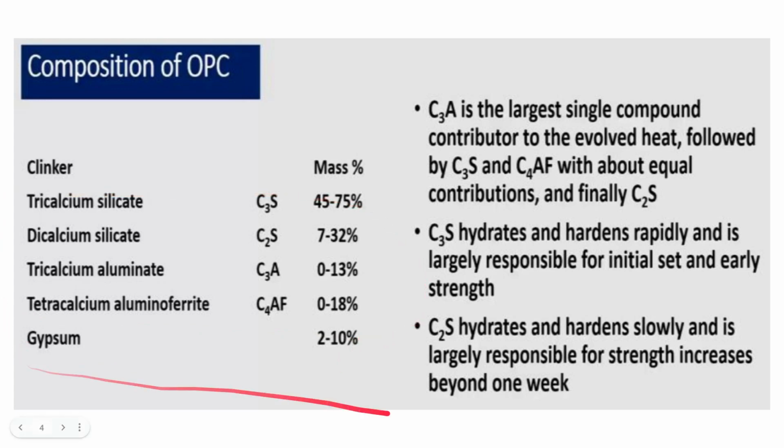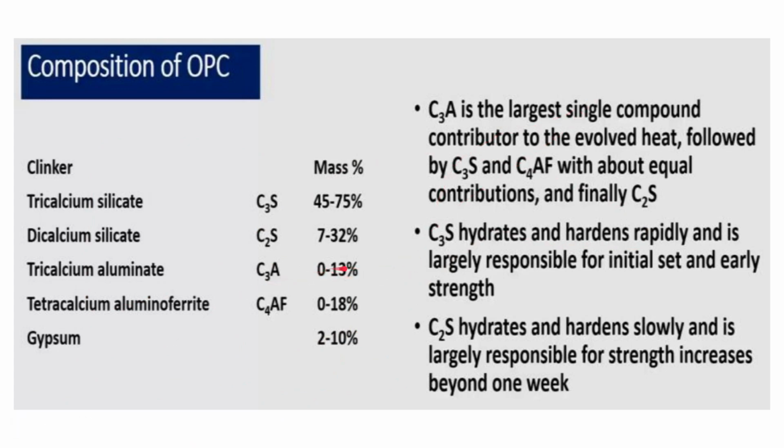In the case of OPC, alite contains about 45 to 75% of the total composition of the binder, followed by belite, about 7 to 32%. Thereafter, celite is there, 0 to 13%, and then ferrite, 0 to 18%, and lastly, 2 to 10% gypsum is added, as I told, for the late setting.